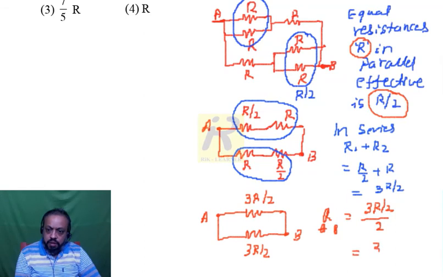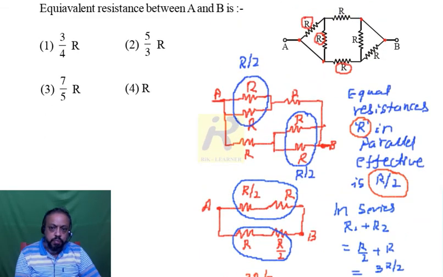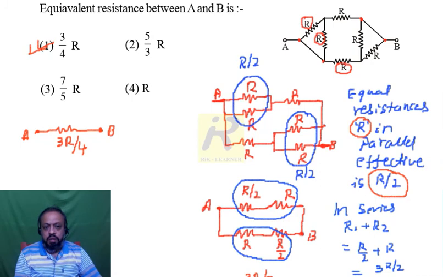That means it is 3R divided by 4, right? So this is the value of the resistance between the terminals A and B. If this is A, we can have only a single resistor whose value is 3R by 4. So the answer is 3R by 4.